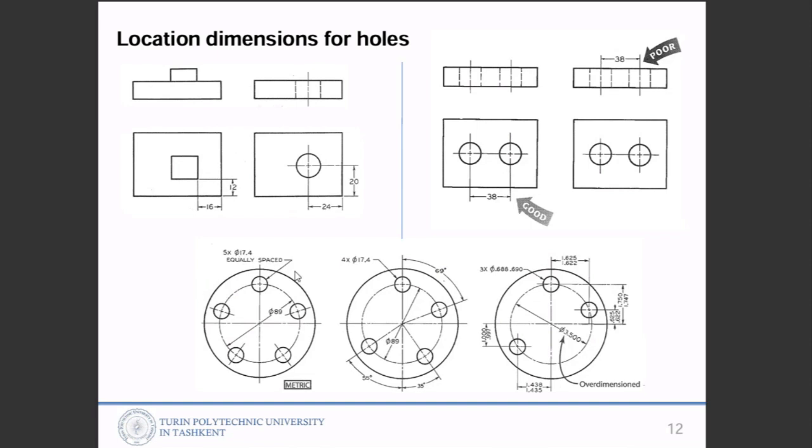A circle has 360 degrees, and 360 degrees equally spaced for 5 sectors means dividing 360 by 5, that is 72. Then we measure from the vertical axis 72 degrees, and draw the center line like this.